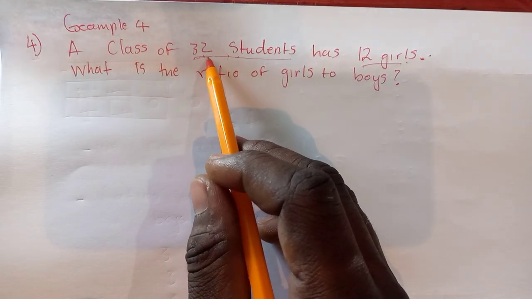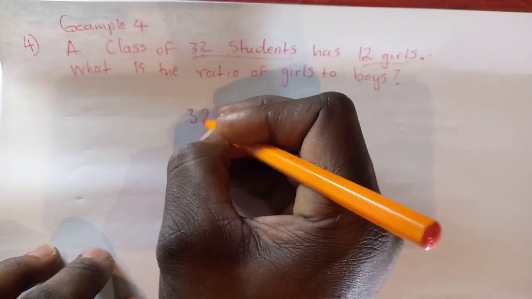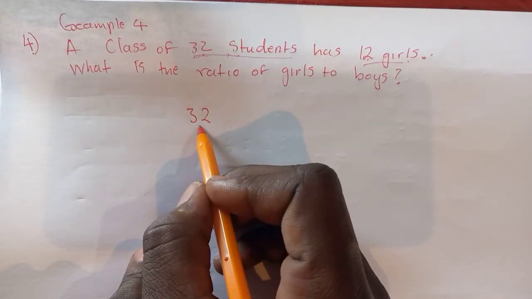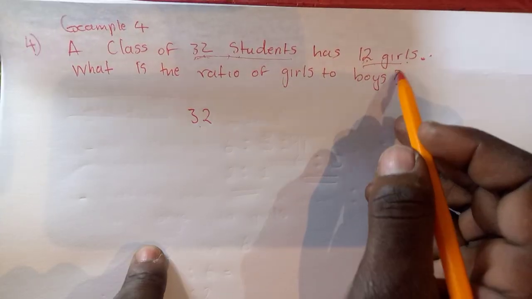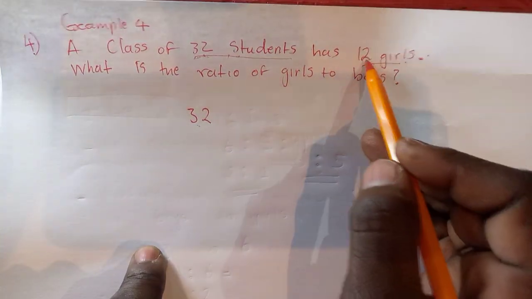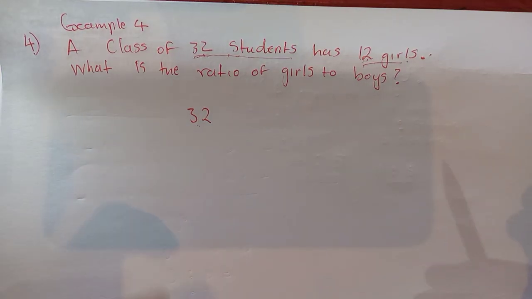To find the number of boys, 32 is the total number of all the students in this class, and 12 are girls. So the remainder, when we subtract 12 from 32, is the number of boys.